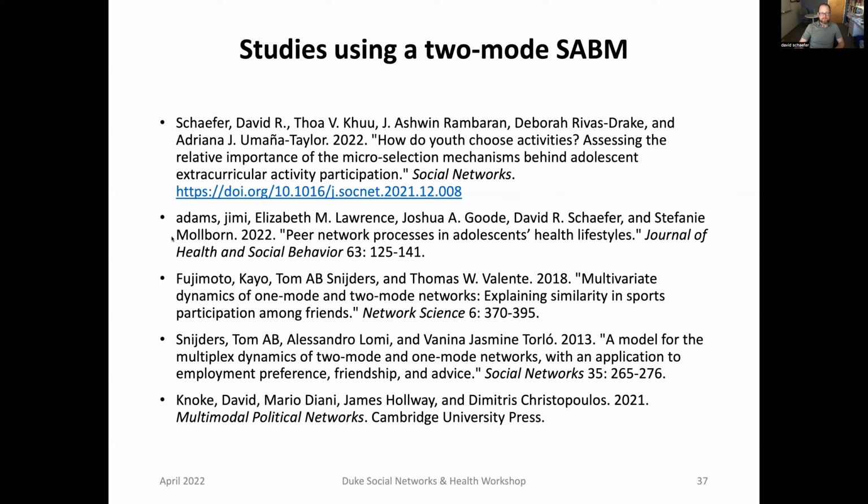If you're interested in health, the second paper talks about health lifestyles, and actually treats adolescents' lifestyle membership as a mode. So we have friendships evolving, and adolescents as actors in a two-mode network choosing lifestyles, which is a fun use of the two-mode approach. All right, so that is the end of the lecture.